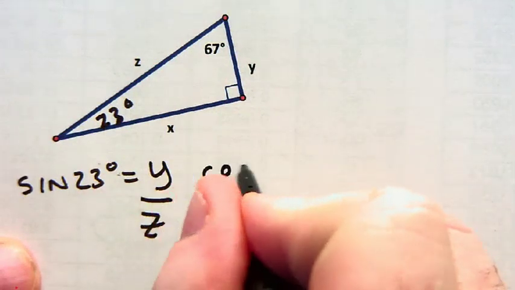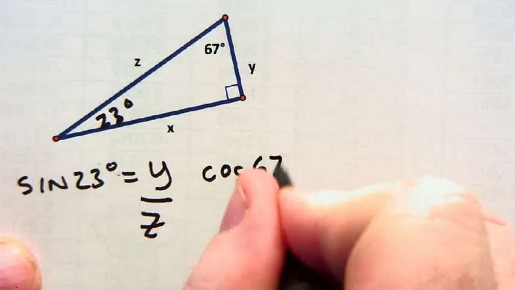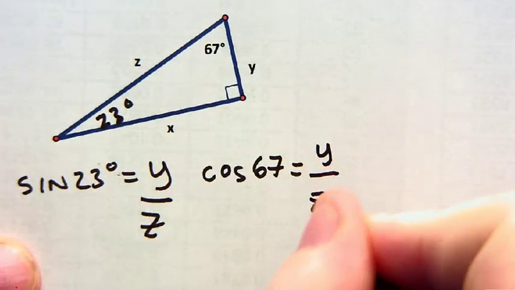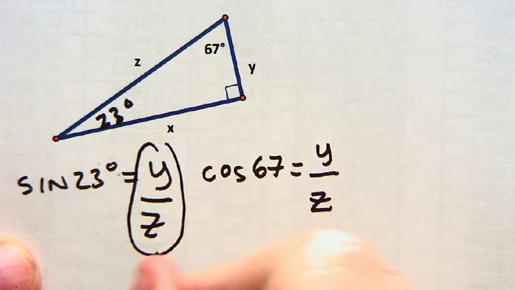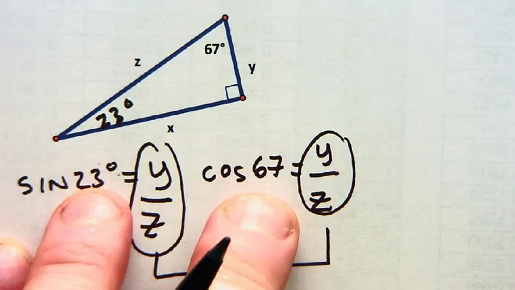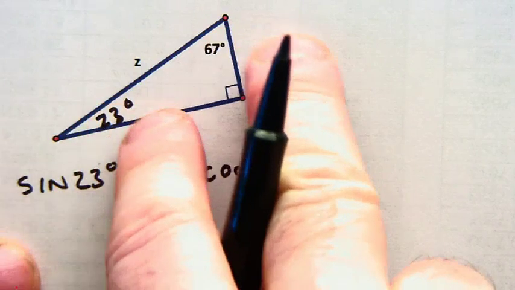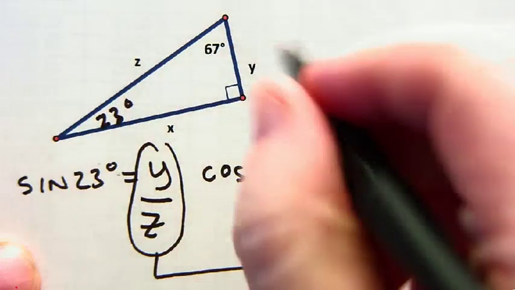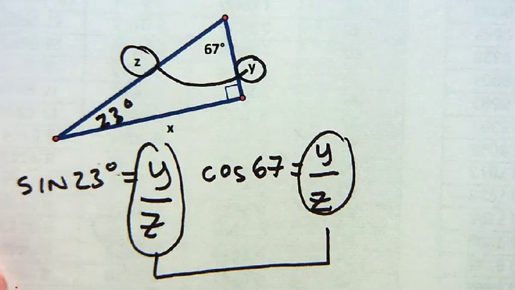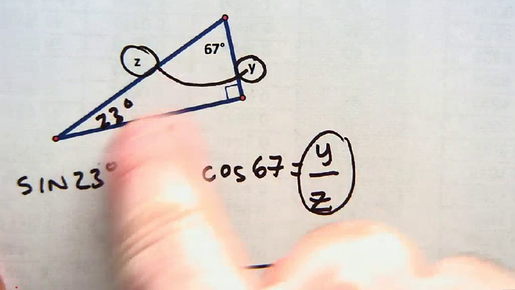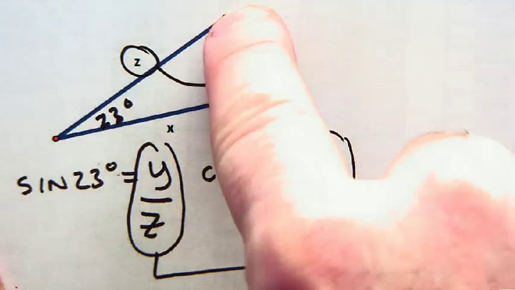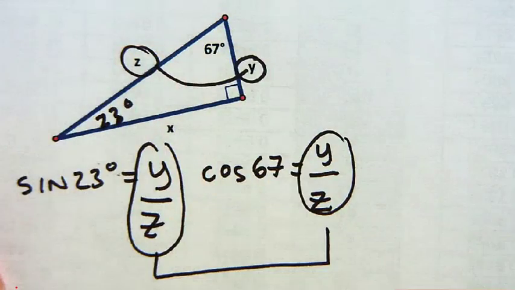The cosine of 67 is its adjacent y over z. Ah, that's why they're equal. Because when they equal 90 together, they're in the same triangle looking at physically the same two sides. So when they sum to 90, we know that they're in the same triangle, and one's looking across the triangle at y over z, and one is looking to the adjacent y over z.